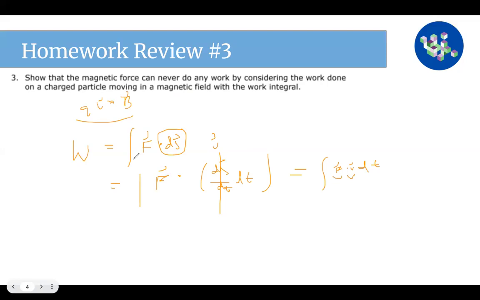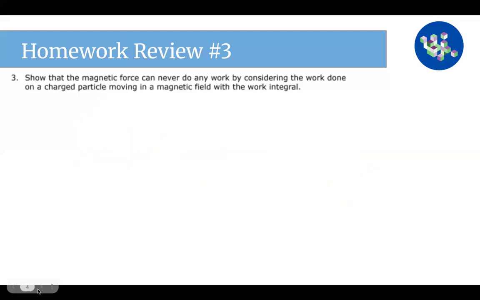Remember, the dot product is 0 if I dot two perpendicular vectors together. And here the force vector is always perpendicular to the velocity vector. So the work done is always equal to 0, because inside the integral it will always be 0. That's just another application of mechanics and what we learned about the magnetic force last class. Let's move on.